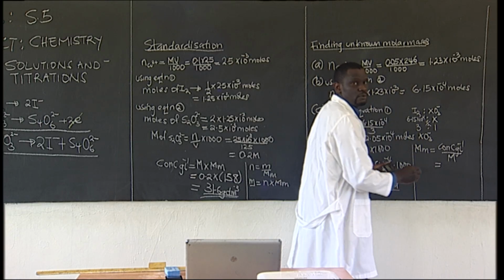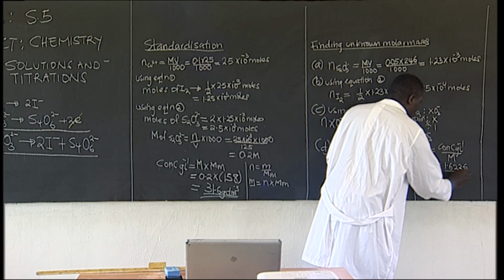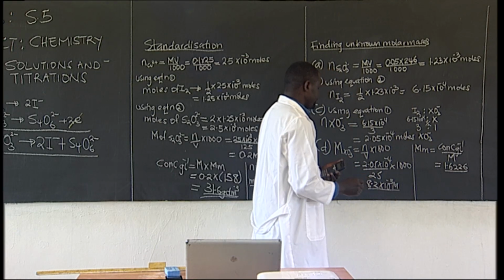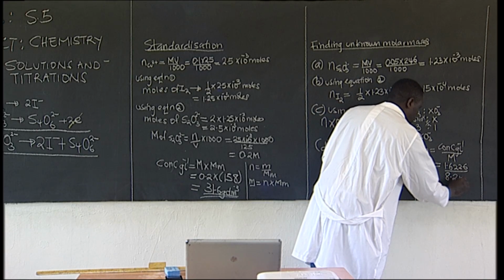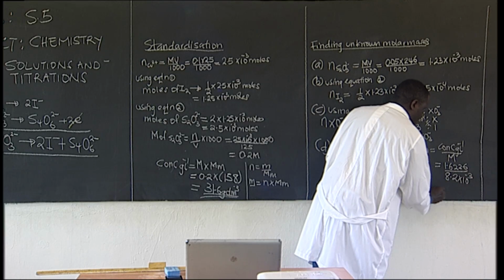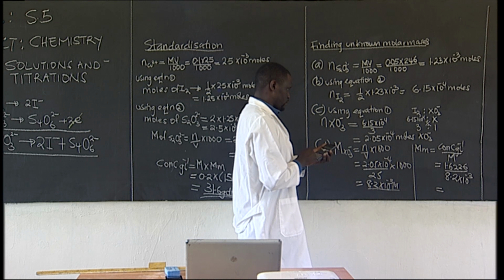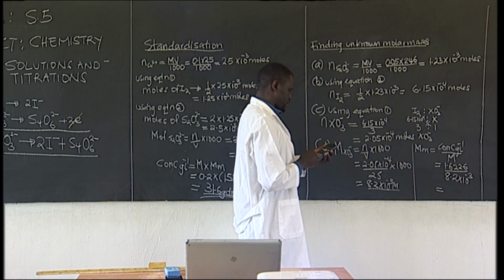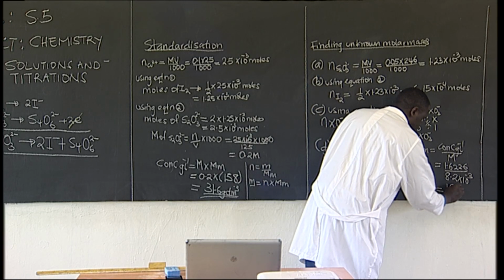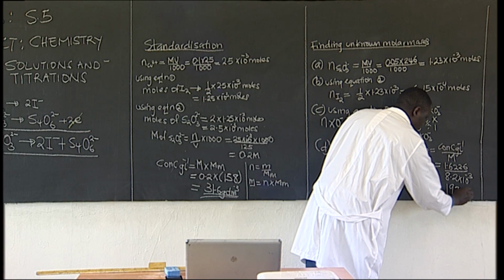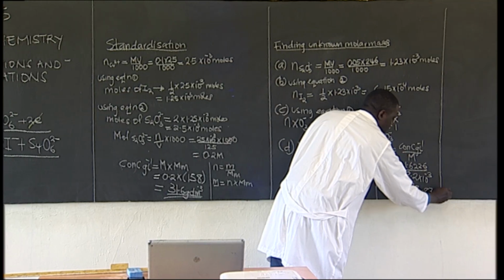So we have 1.6226 divided by molarity, which is this one, 8.2 times 10 to the power negative 3. So our answer will be 1.6226 divided by this one. So we have our value as 198.97 grams per mole.